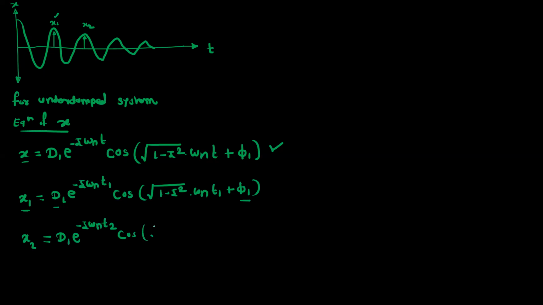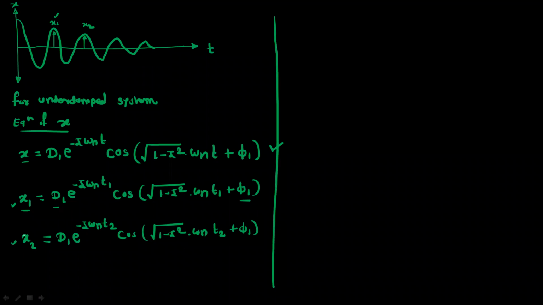This is the cosine of square root of 1 minus zeta square into omega n into time t2 plus phi 1. So here we have got the two displacements, x1 and x2, for times t1 and t2. Just take the ratio. Basically x1 and x2 are successive values of the amplitude on the same side of the mean line.